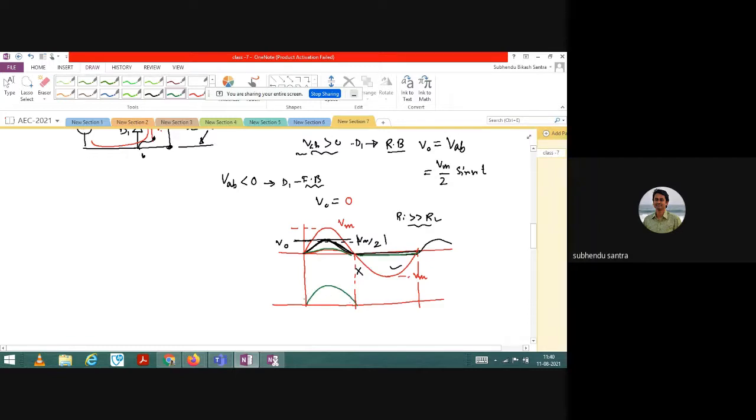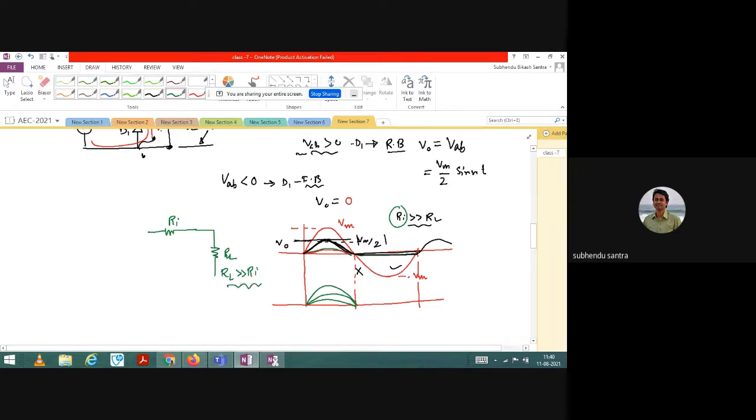But unfortunately, due to this value of Ri, your positive half is getting decreased. So this is the learning point: you always have to remember the load you are connecting. Now the conclusion. Ri you cannot eliminate, so you have to connect a load RL in such a way that RL is greater than Ri.